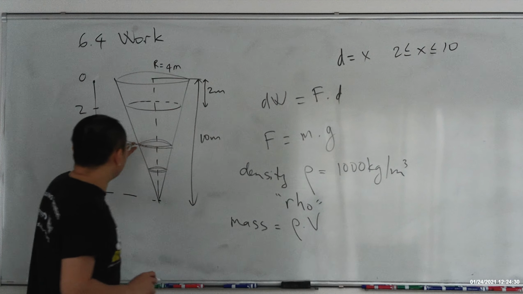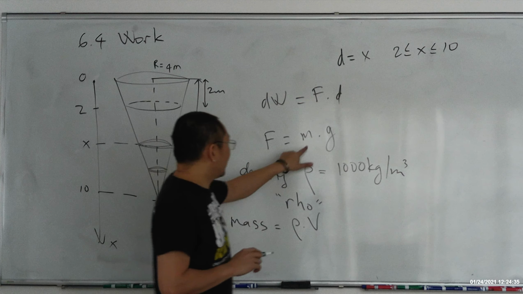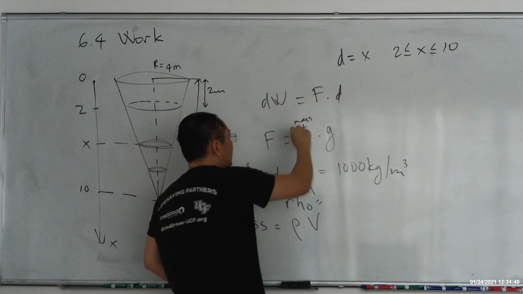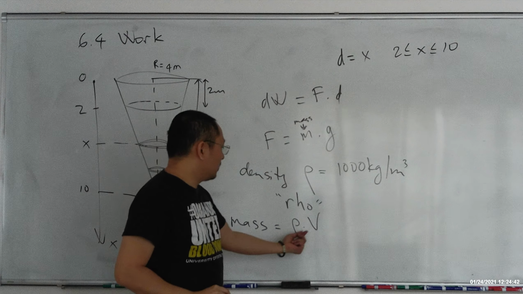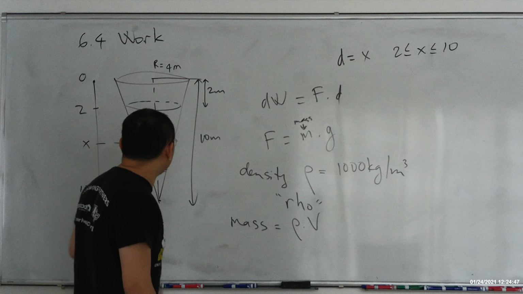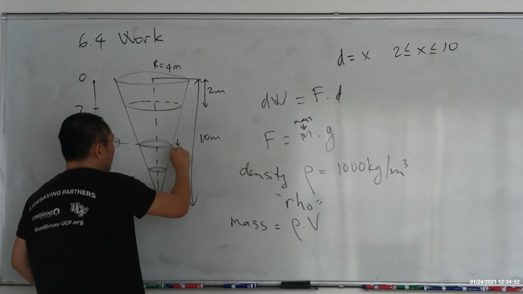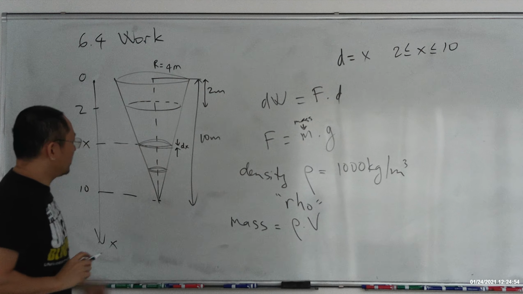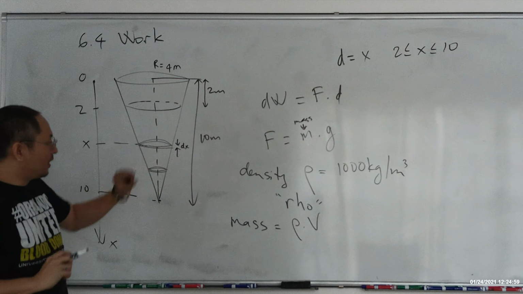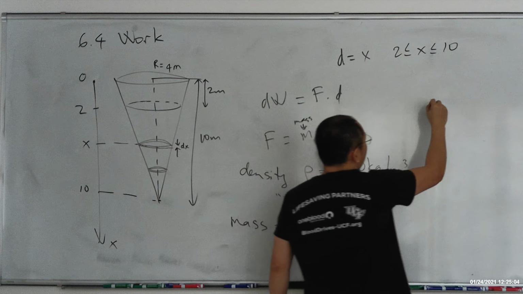Now you have to calculate the volume of that little disc, that little slice of water, because I want to calculate the mass. I know rho, the density, is 1,000 already. So how do I calculate the volume? The thickness of that little disc is dx, because I chop it up very small. And then the area times the thickness gives you the volume of that disc. See, I have a disc right here that looks like this.